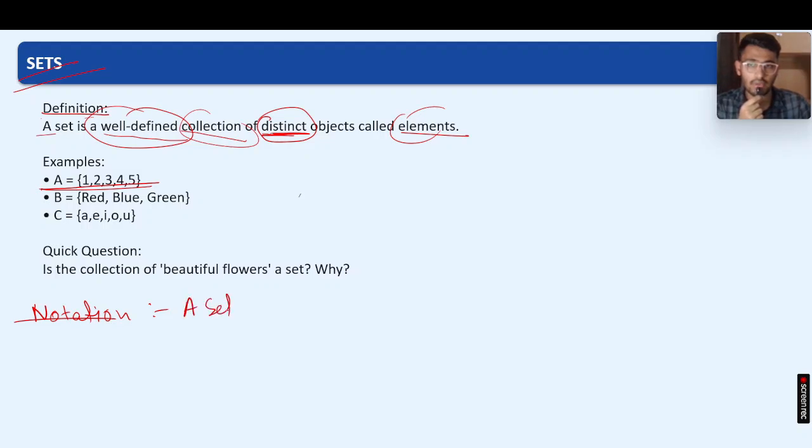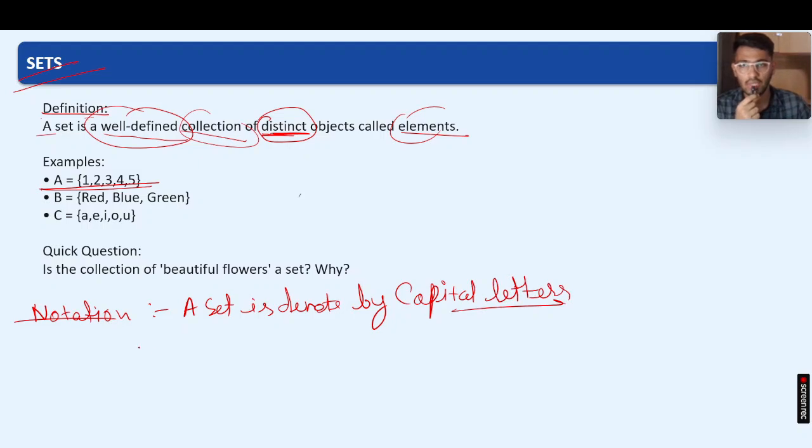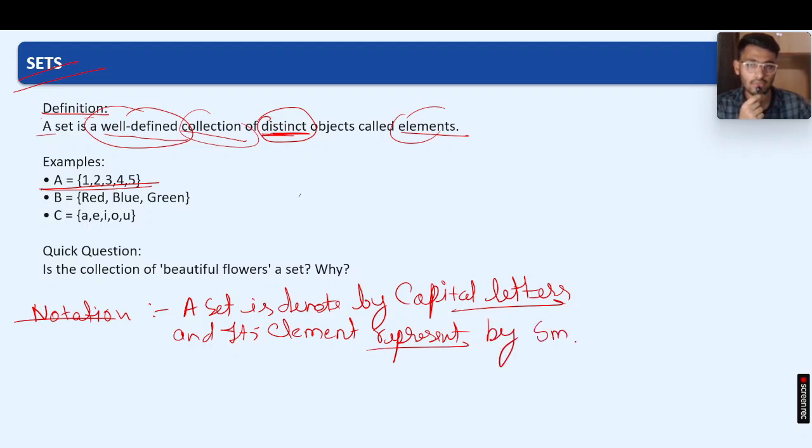A set is denoted by capital letters, and its elements are represented by small letters. Okay, no issues.